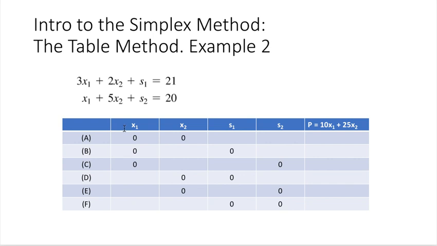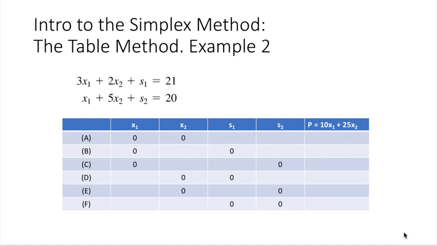Remember, that means we have a 0 for x1 and x2, a 0 for x1 and s1, 0 for x1 and s2, x2 and s1, x2 and s2, s1 and s2. That's every combination. Now I want to walk through with you all the different, finishing this table. So I want you to understand where these different values are coming from.